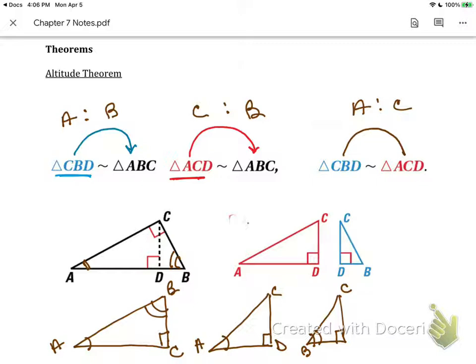Okay, so let me just go over a couple more little things. Let's base our similarity statements now on what I have drawn. So let's look at triangle ABD, also known as the big boy. That is similar to, so look at this triangle right now. C is the right angle, so I'm going to make sure that C and D line up.